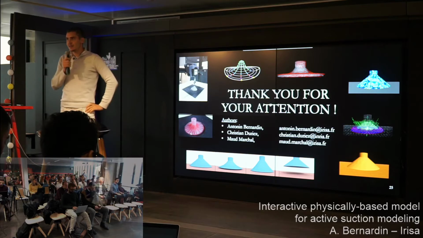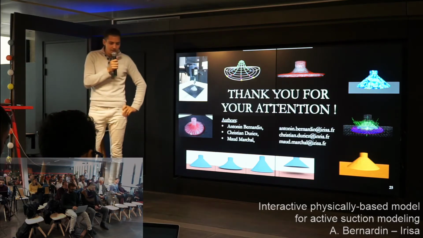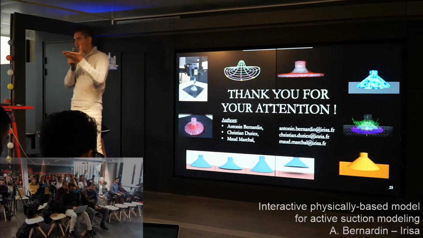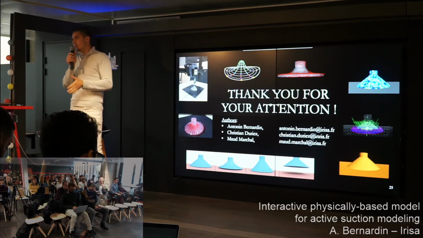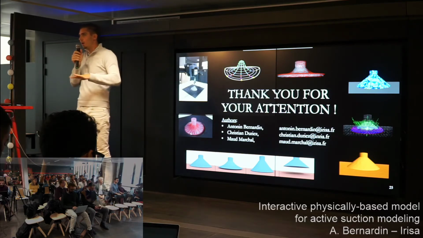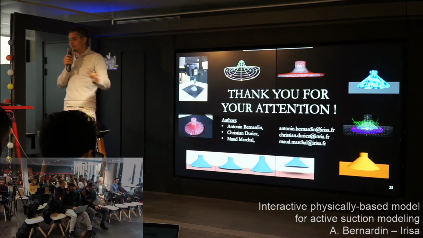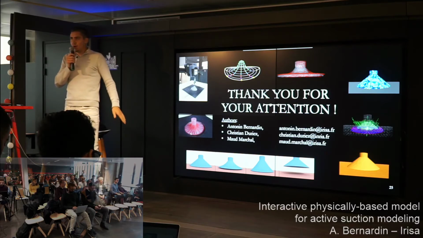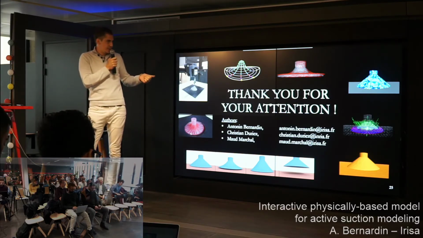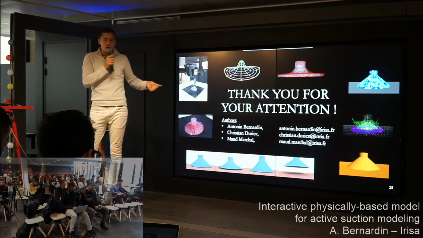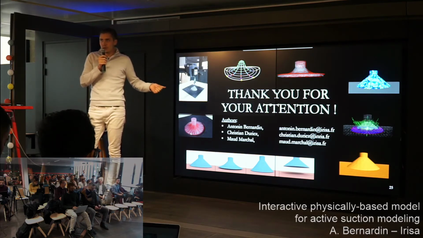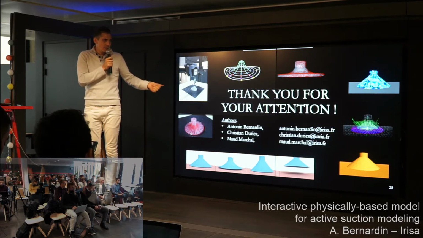Exactly. Actually, there is an influence of the friction. So when the surface is more, let's say, bumpy, the friction will not be the same as on a very flat surface. It's not presented in this work, but in our model now we are able to have additional constraints.